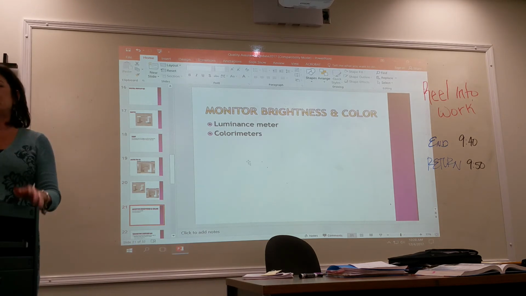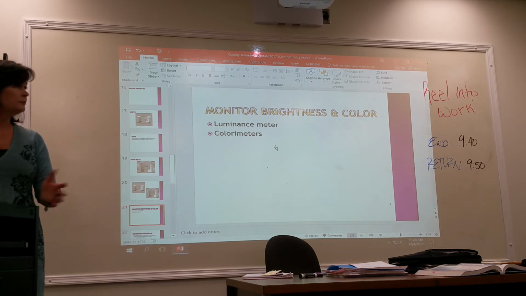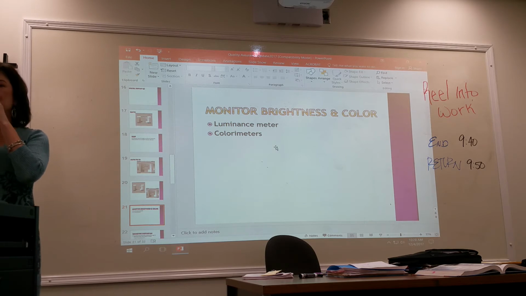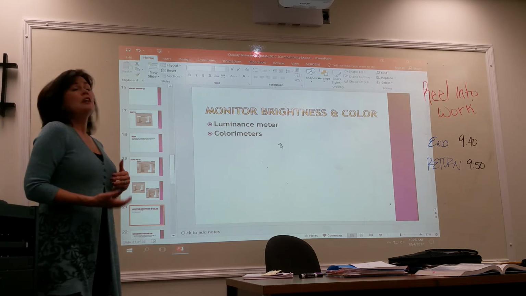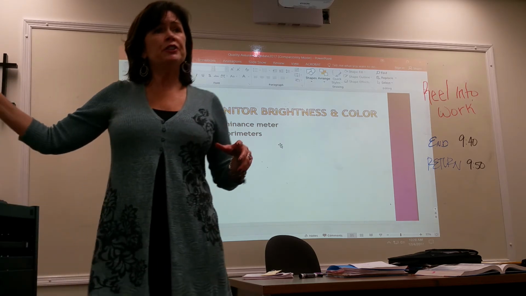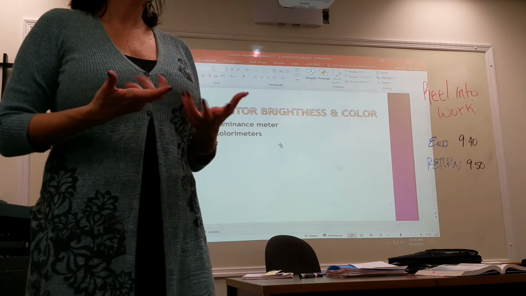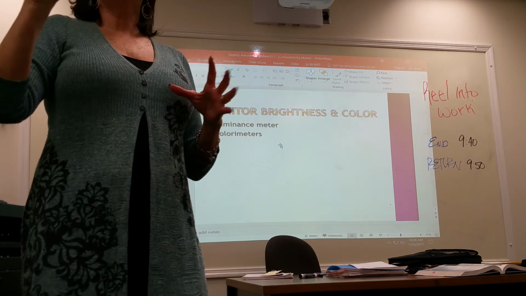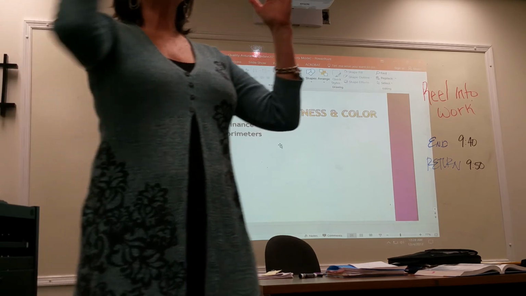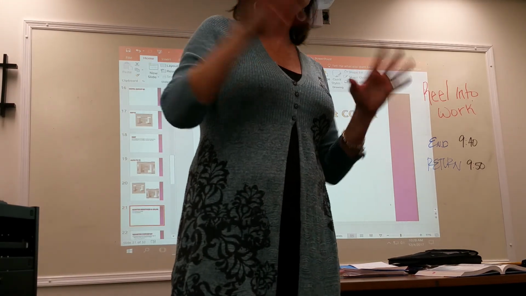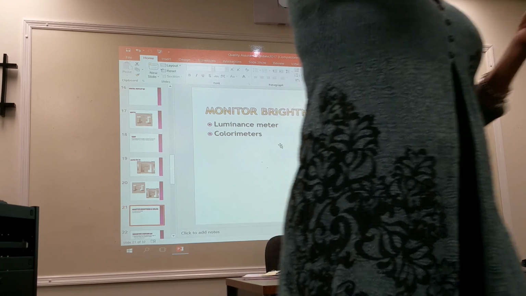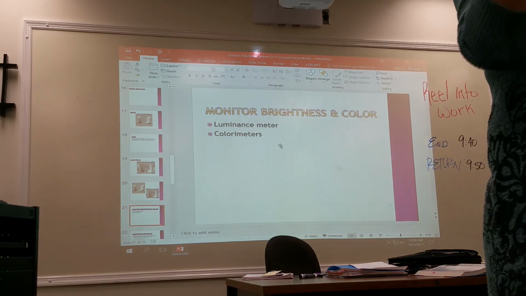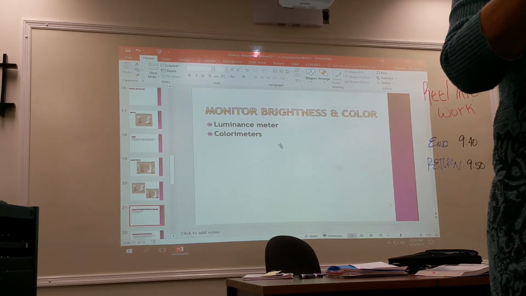Okay, the other thing that is looked at is the monitor brightness and color. I'm not in PowerPoint mode, sorry. So, in order to test the brightness of a monitor, you would need a luminescence reader, a light reader, okay, for that. In your book, it shows you how you would actually measure different areas of the monitor. You don't just measure in the center, you measure at the edges, and all that luminescence has to be within certain parameters.